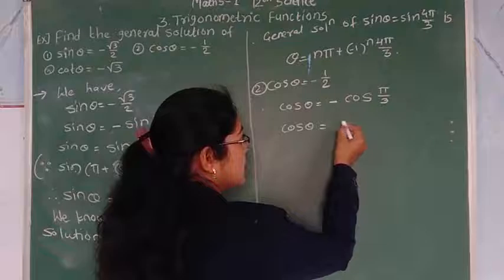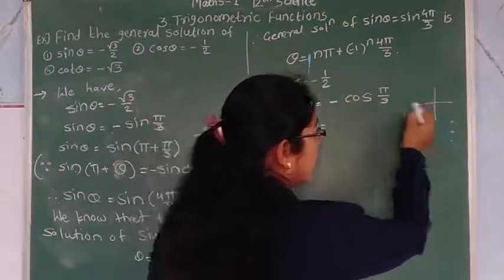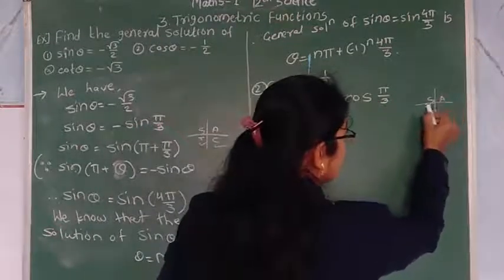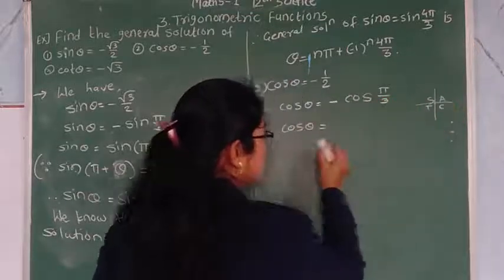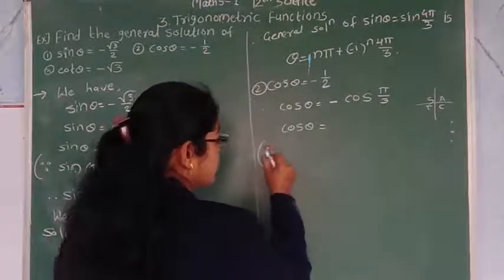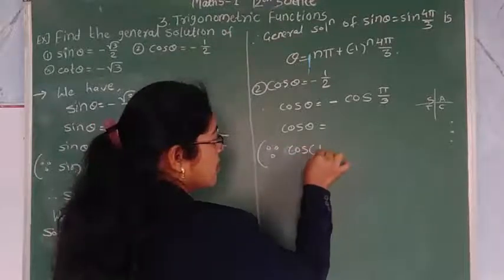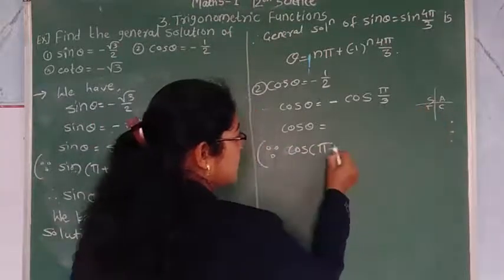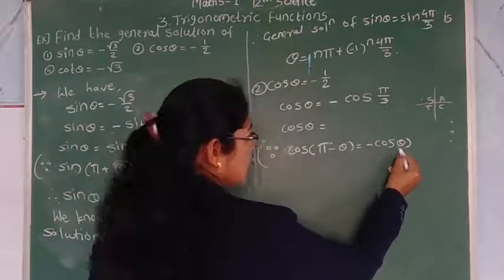So cos theta is negative; look at all sin, tan and cos. In the second quadrant cos is negative. So we can write cos of pi minus theta is equal to minus cos theta.